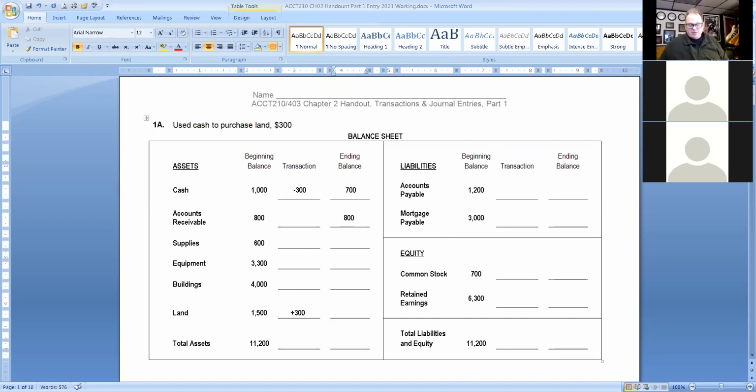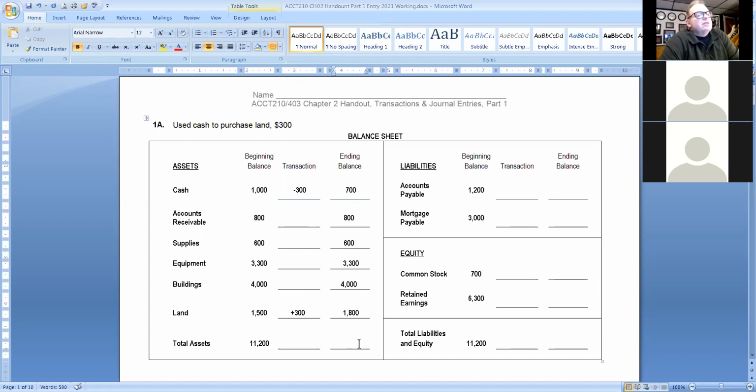Supplies. And our land would go up to 1,800. Add all those up.